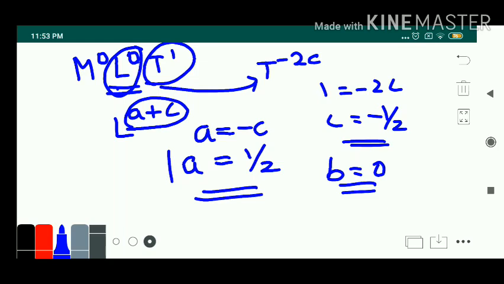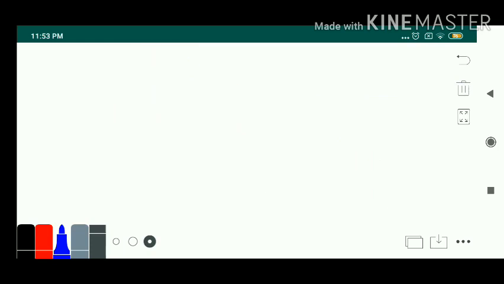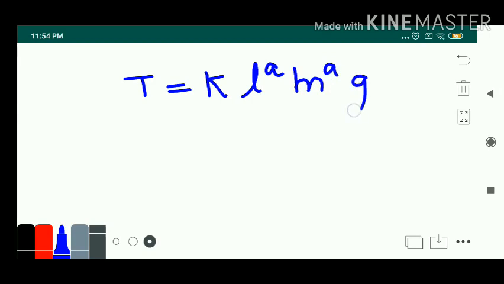Now why did I find this value? My end result, the starting section I told you, T is equal to some constant into length raised to A, right? Time period of pendulum is equal to some constant into length raised to A, then mass raised to B and G raised to C. This and all was the term, right?